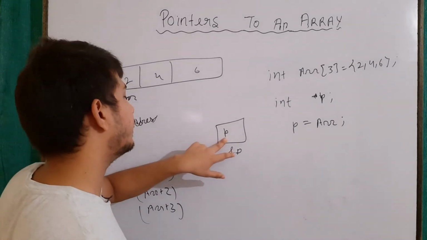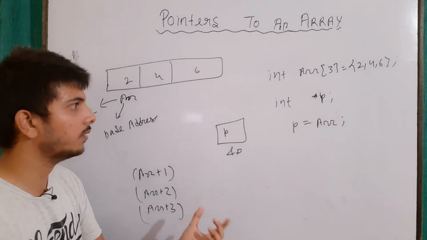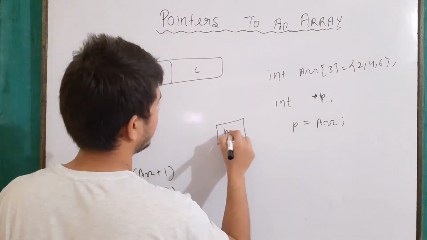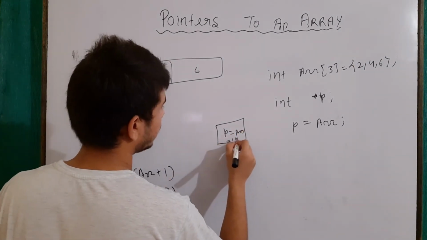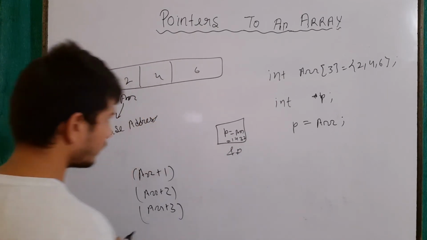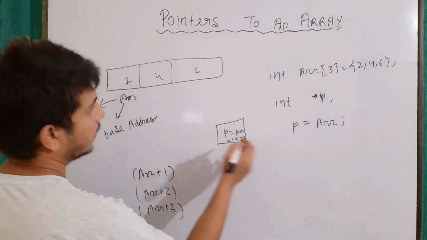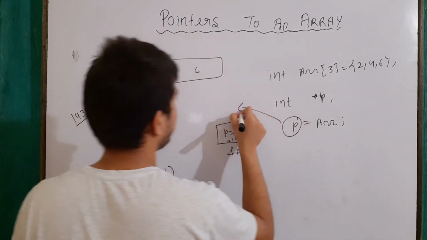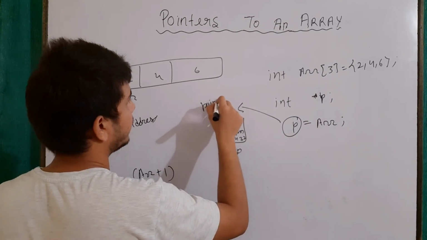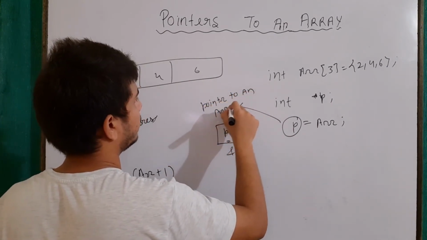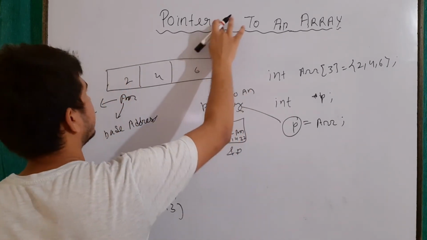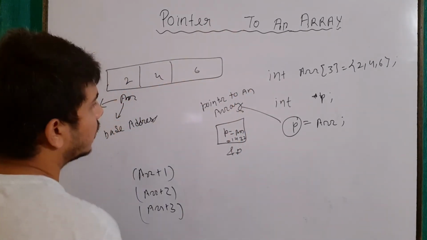Firstly it will be holding the address of some garbage location, but now it is holding the address of the array, which is equivalent to 1432, right? So this pointer is now known as the pointer to an array, or simply pointer to array, right?